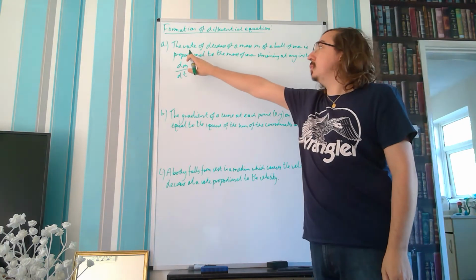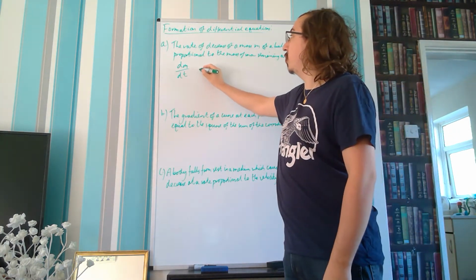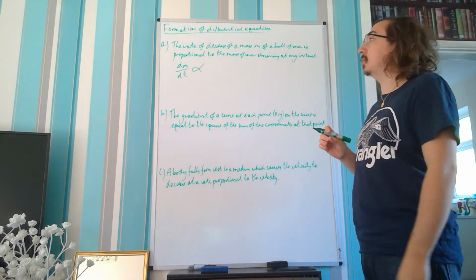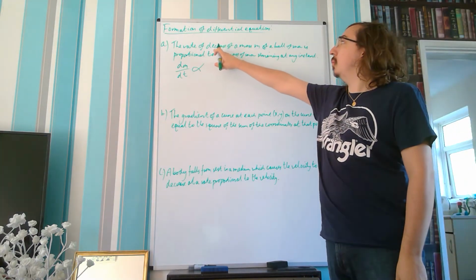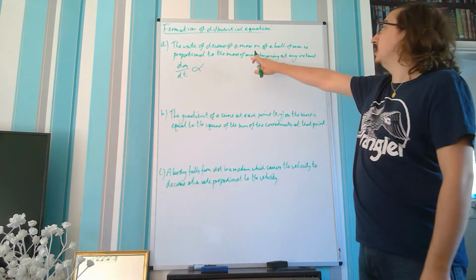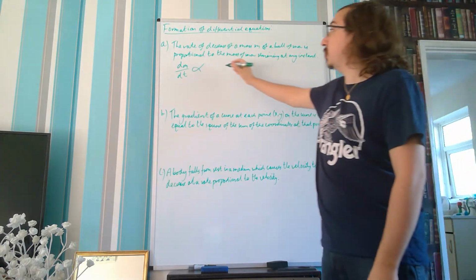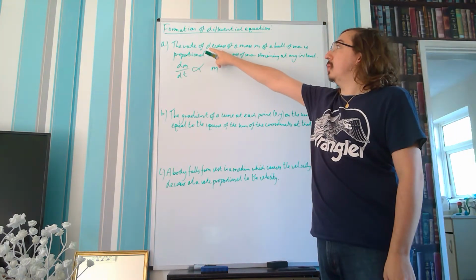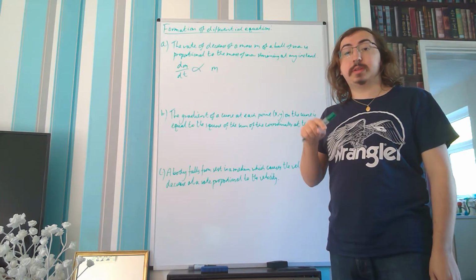Now, it tells us that it is proportional, so we can use the proportionality symbol to start with. We'll get rid of that in a little bit. We are told that it is proportional to the mass of snow remaining at any instant, so it's proportional to the mass of the snow. And we're actually told that it is a decrease, so it's going down.